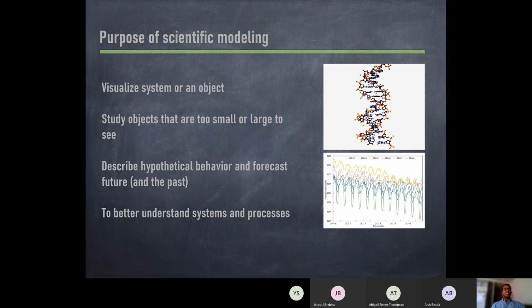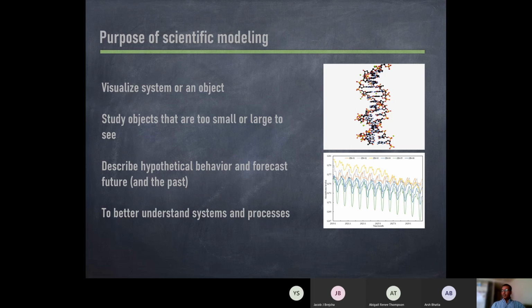There are protein models, there are cell models, biological cells I'm talking about. If they are too small or too large, like the solar system, you cannot study the object easily. That's why we use these models in schools, colleges, universities and whatnot, even in museums.